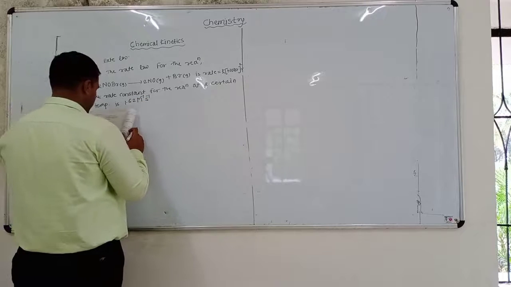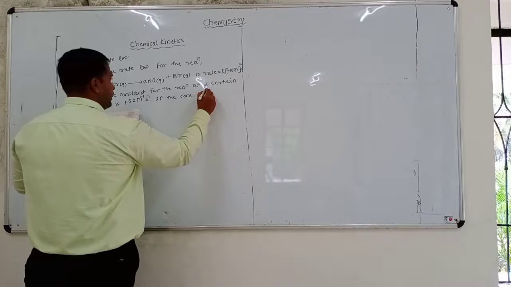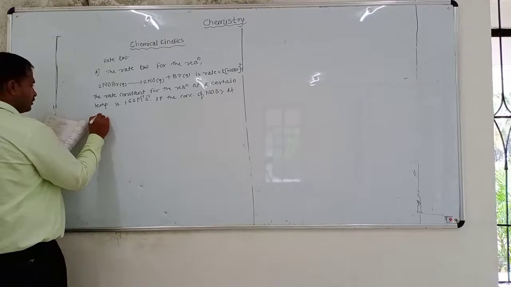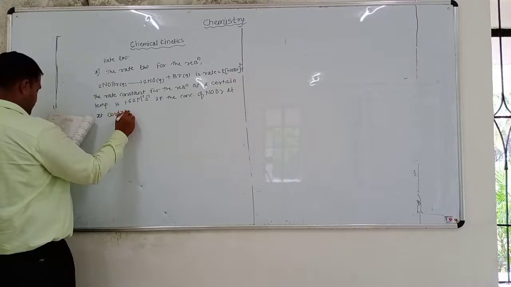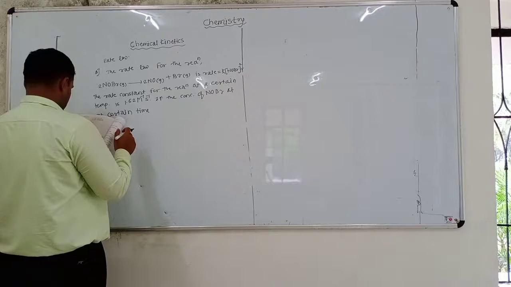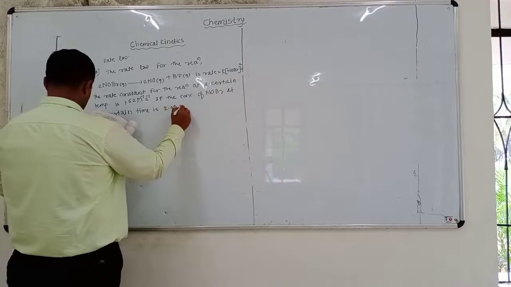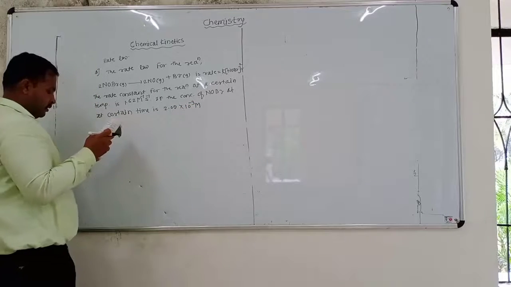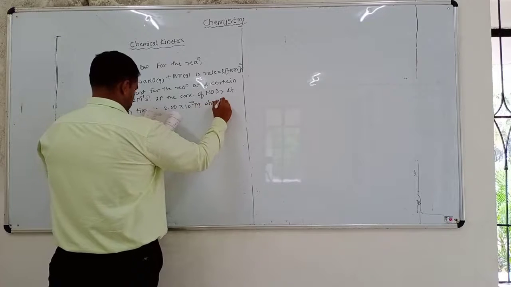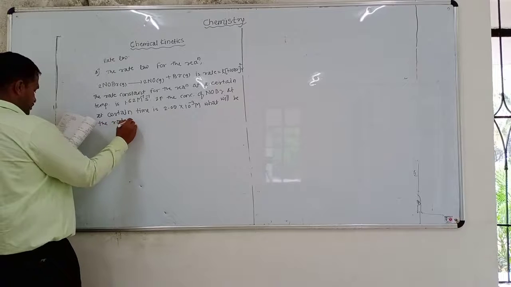If the concentration of NOBr at a certain time is 2.00 into 10 raised to minus 3 molar, what will be the rate of reaction?